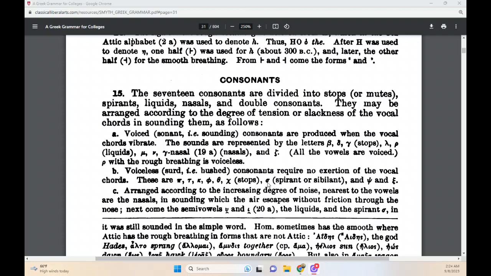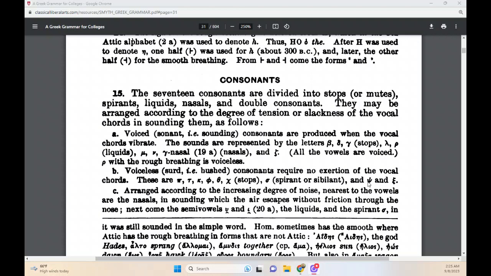We then have the letter sigma, which is a spirant or sibilant, s. We then have psi, which is a combination of the consonants P and sigma. You can probably guess that this is what's meant by a double consonant up here in Article 15.